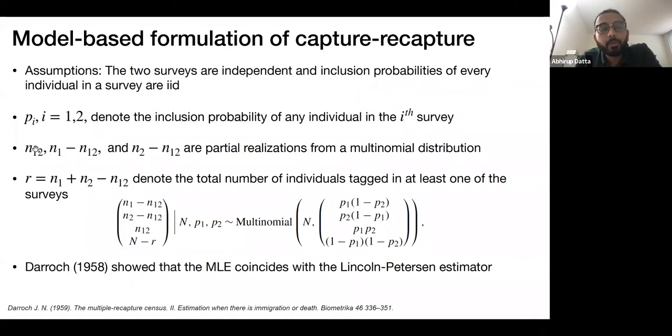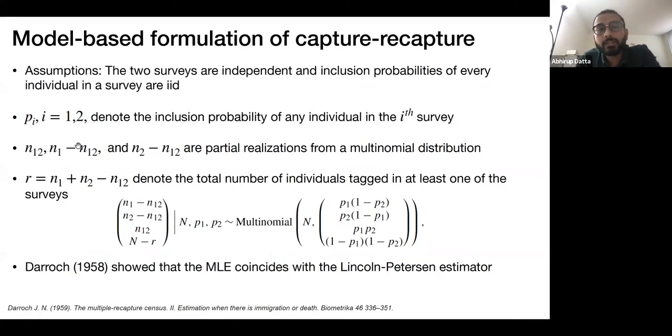then we can view the counts that we have as partial realizations from a multinomial distribution. In particular, if there are total uppercase N many individuals, and these are the inclusion probabilities P1 and P2, then N12 are the count of individuals who are included in both surveys. And since the surveys are independent, the inclusion probability of being included in both surveys is simply P1 times P2.